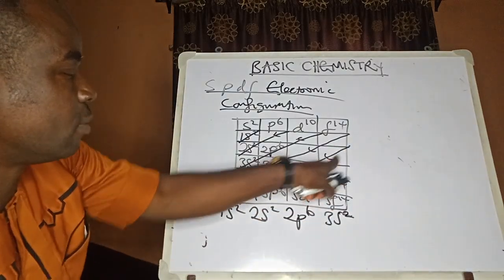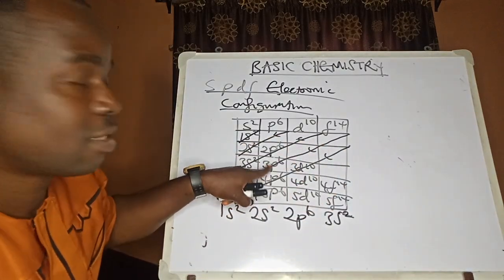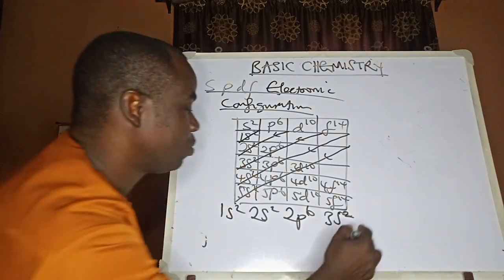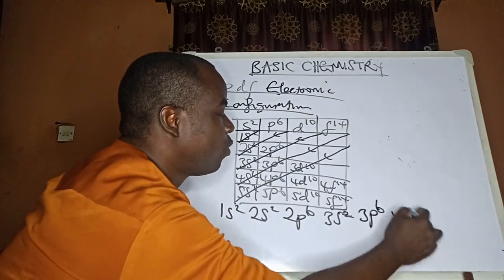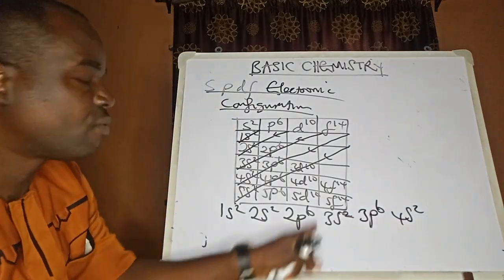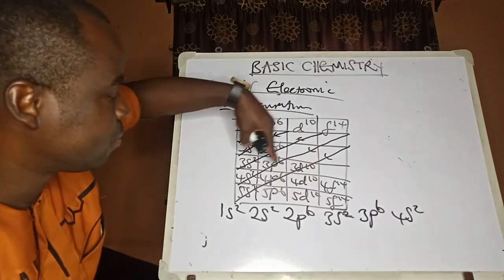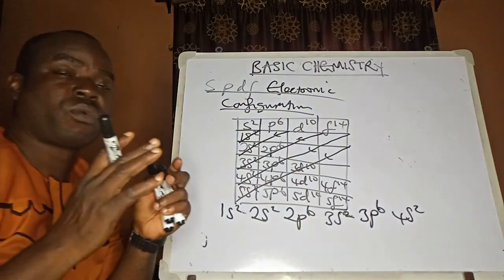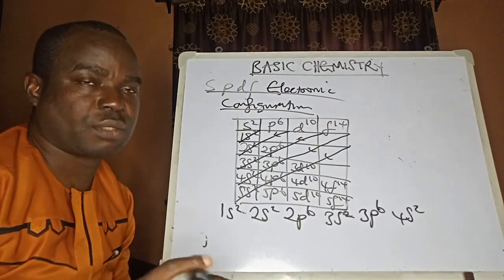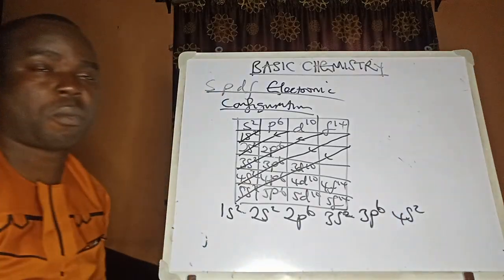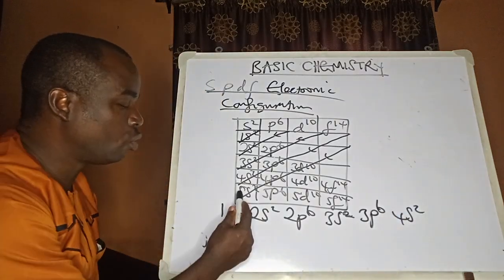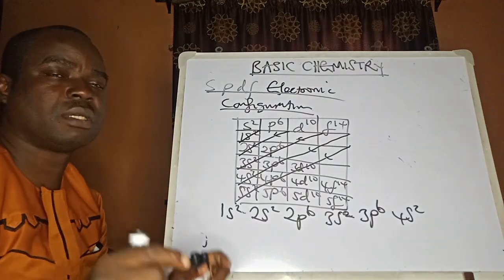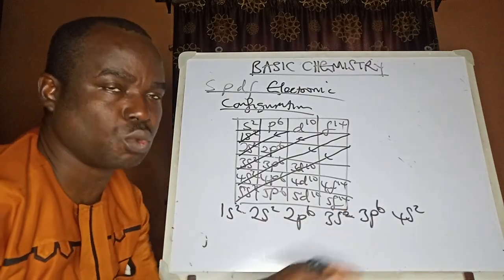Then the fourth diagonal has 3p6, 4s2. Then the fifth diagonal has 3d10, 4p6, 5s2. You can keep writing as many as you want, but because we are handling basic chemistry, let's stop at 4s2. If you like, you can even continue down. You can have so many of them, they are long. But let's stop it at 4s2.